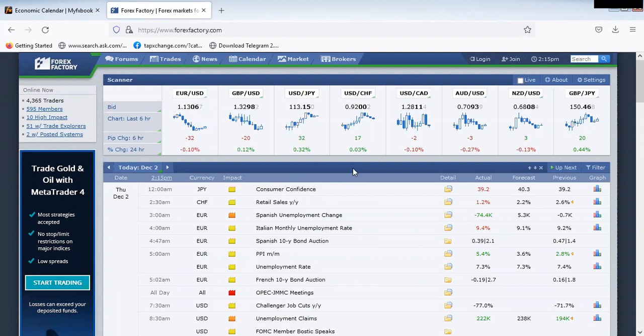Now, you can also news trade on ForexFactory. It's just that ForexFactory is used for a lot of things.